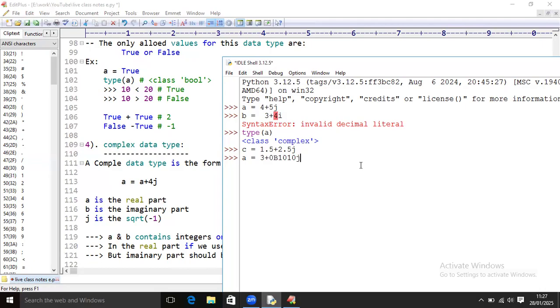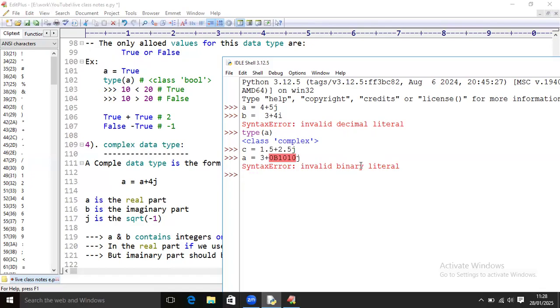Is it accepted? It will not accept, because in the real part we have given decimal, but in the imaginary part we have given a binary number. It will throw a syntax error.